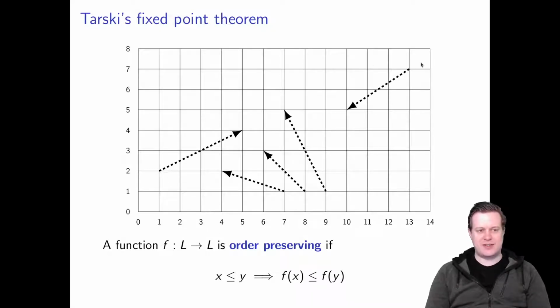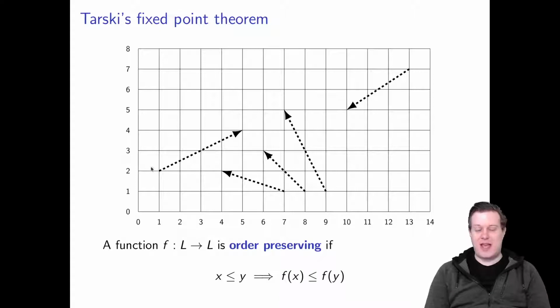So if this was x and this is y, then we have that x is less than y, and f of x is less than f of y. These were a, b, and c. We have that a is less than b is less than c, and f of a is less than f of b is less than f of c. And one thing to note is this only bites you in the case where x is less than y. If x is not less than y, then there is no constraint at all.